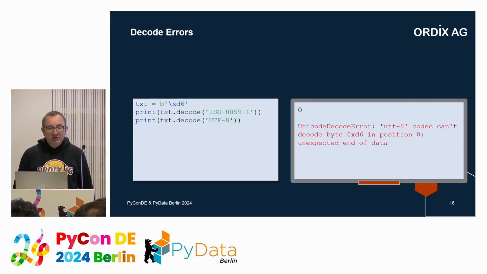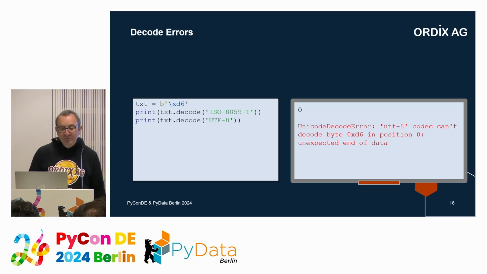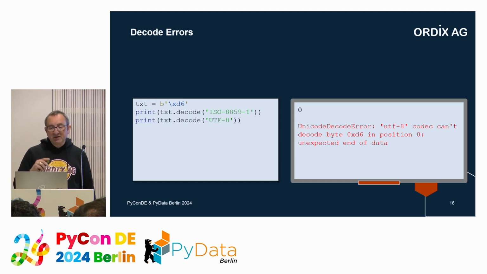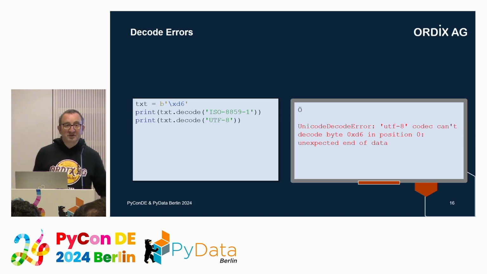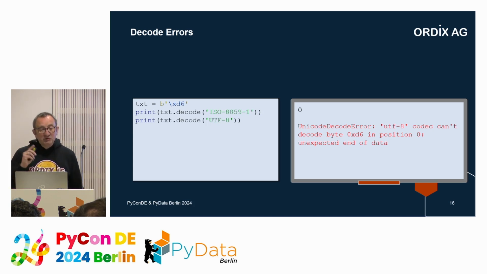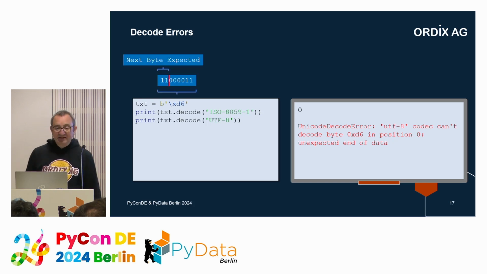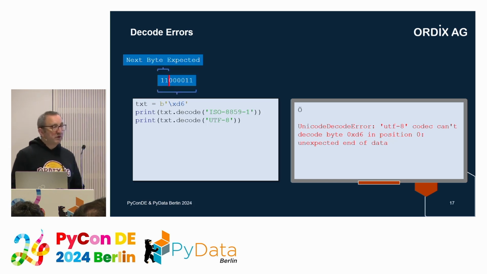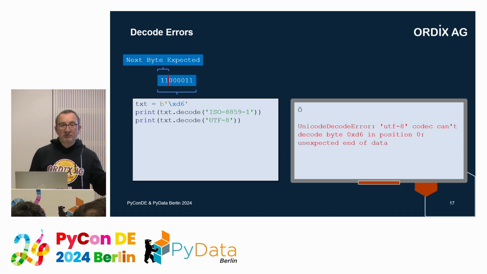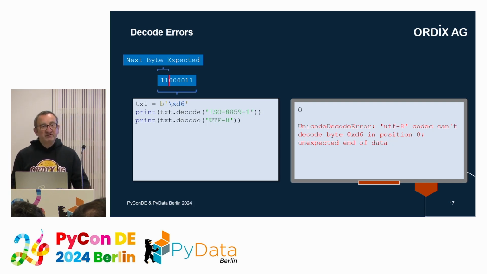And if you decode this D6, like we had before, with an ISO encoding, then we have the Ö, which is O with diaeresis. And if you try to decode this in UTF-8, we get this unexpected end of data error because we only have 1 byte, and the first bits tell us there must be exactly 2 bytes for this letter.